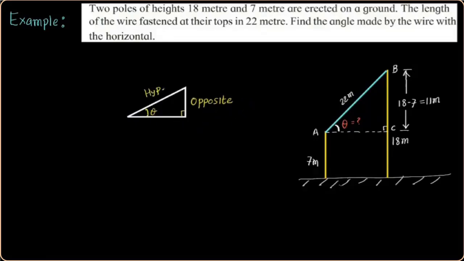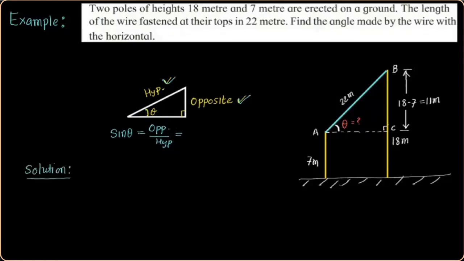So we have the opposite side and the hypotenuse, and we can get a ratio which is called sine theta. Sine theta is basically opposite side divided by hypotenuse. With the help of the sine theta ratio, we can easily find the angle theta. Since the ratio is known to us, we can find out the angle theta. I'll show you how.